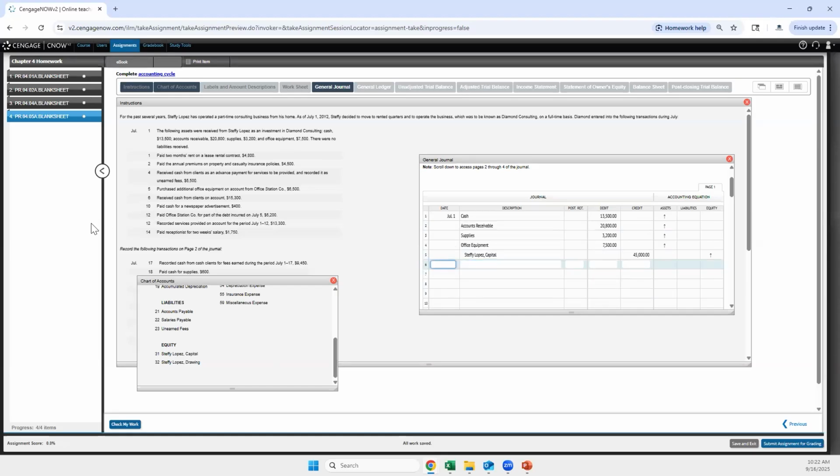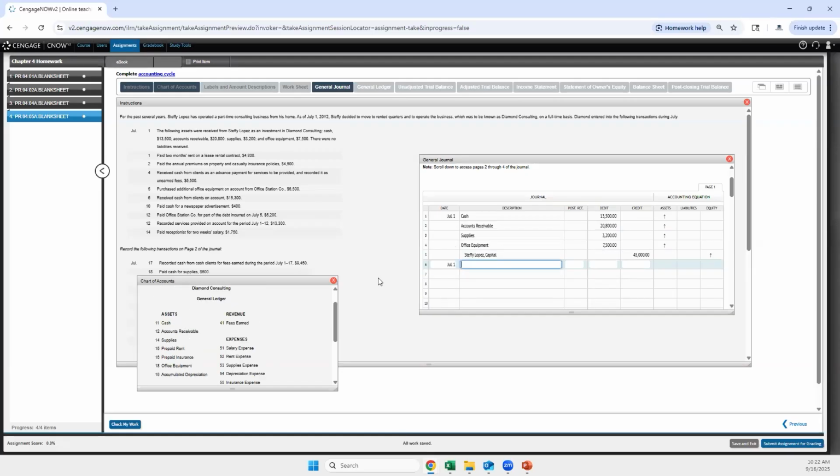Second journal entry is paid 2 months rent on a lease rental contract. That's going to be prepaid rent. Date also July 1st. Prepaid rent. And then the post-ref column, we will populate that when we do our posting to the general ledger.